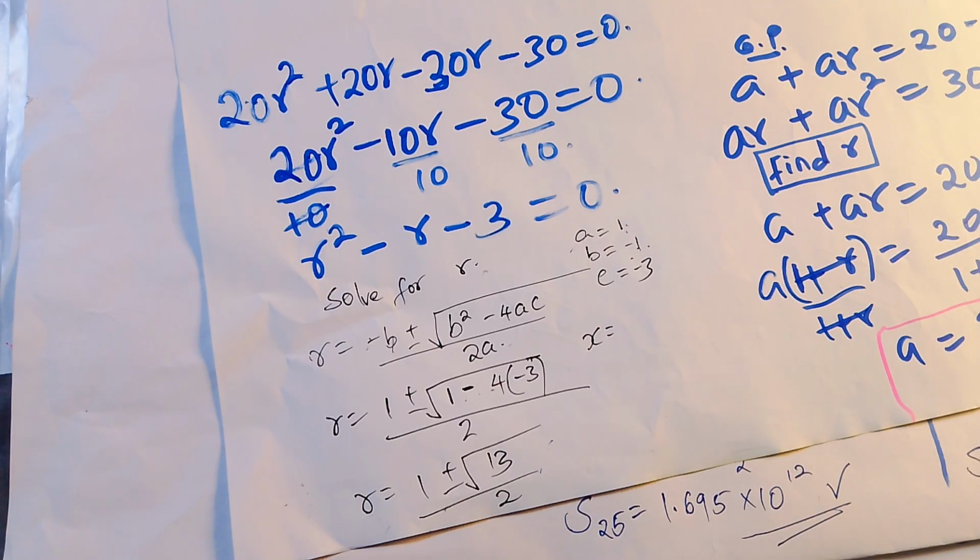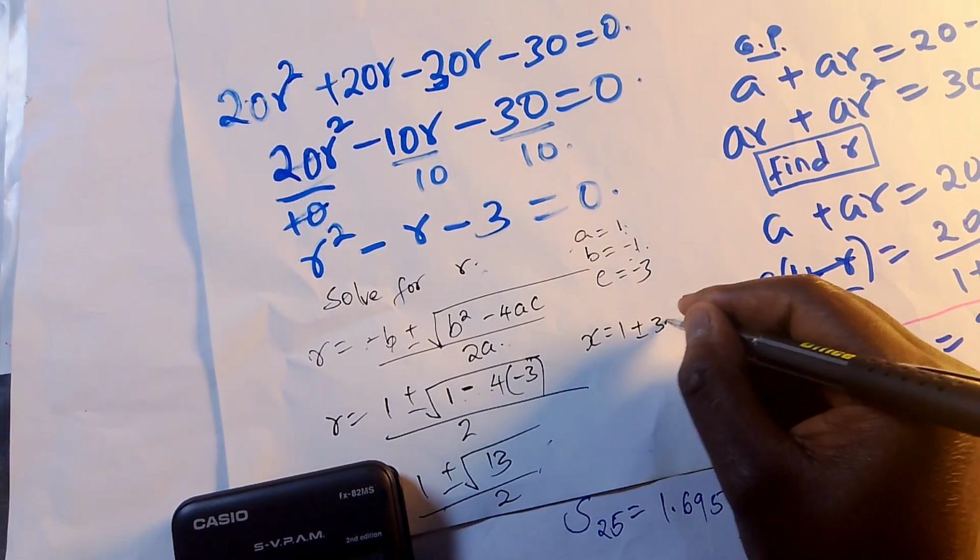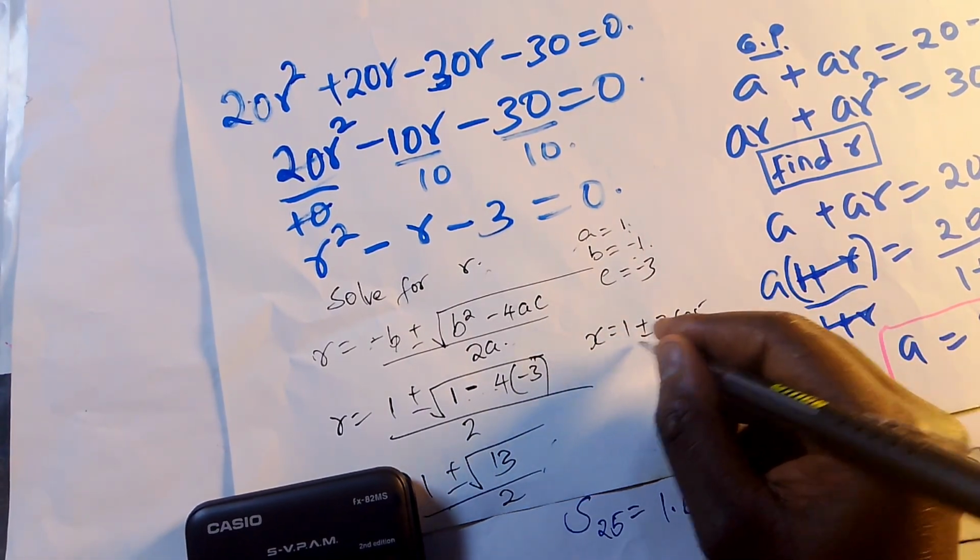The square root of 13 is equal to 3.605. So it is 1 plus or minus 3.605 divided by 2.